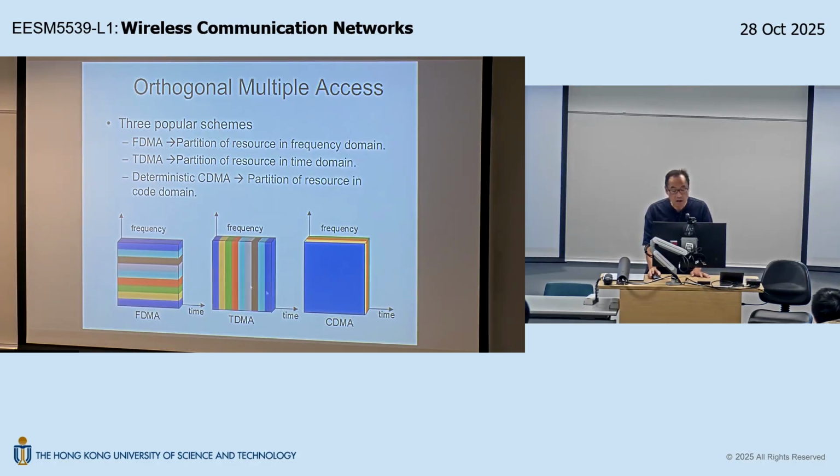On the other hand, TDMA is trying to partition the resource on the time axis. So the time dimension is partitioned into many time slots, and each one of you will be assigned a different time slot. When you transmit on your time slot, you can use the entire spectrum.